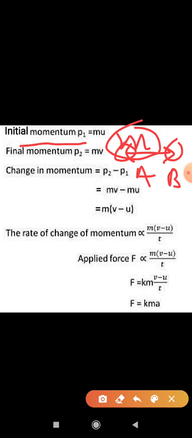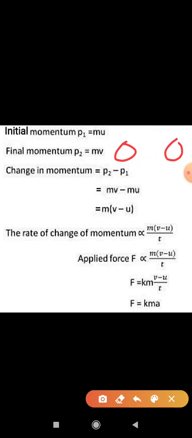So the linear momentum at point A, or initial linear momentum, will be mu. As we know, linear momentum is equal to mv, so instead of v, the initial velocity will be u, and the mass is m. So the initial linear momentum is mu. The final linear momentum at position B will be mv, where m is the mass of the body and v is the final velocity of the body.